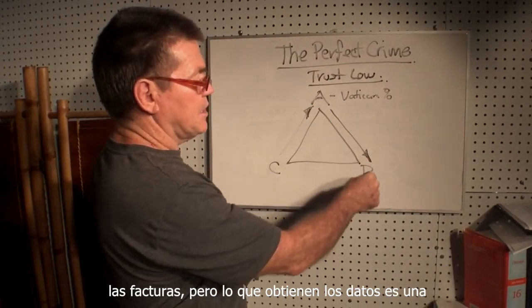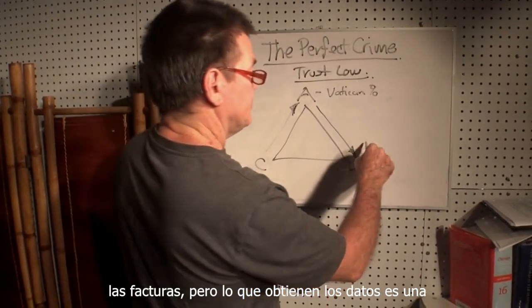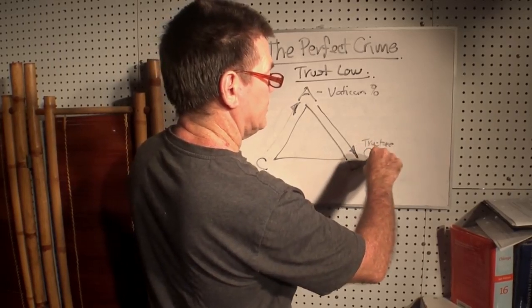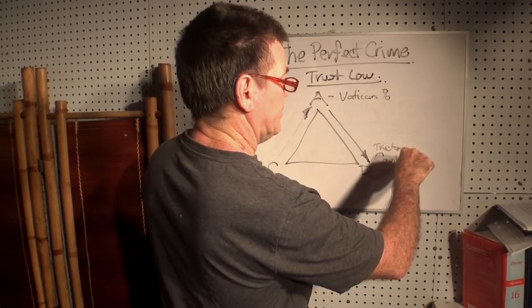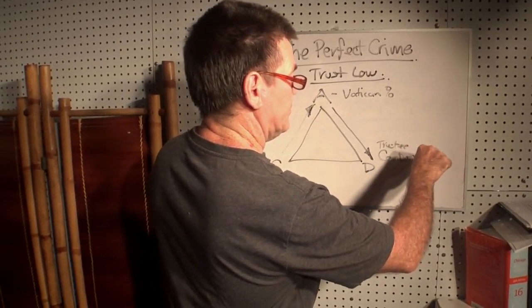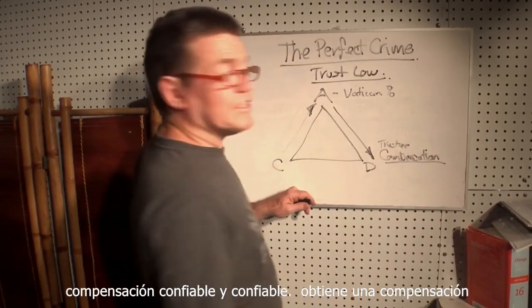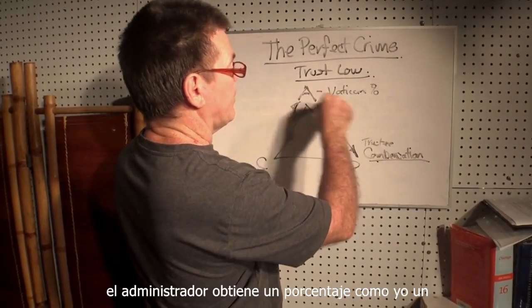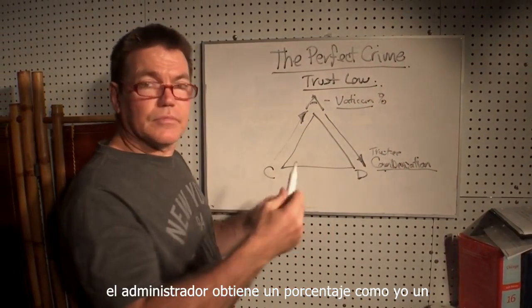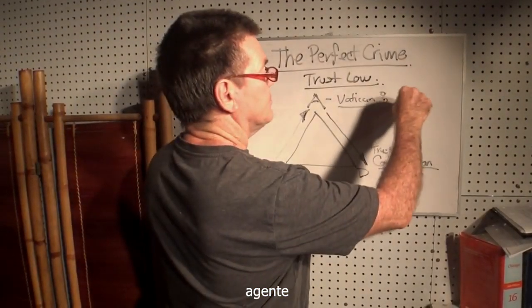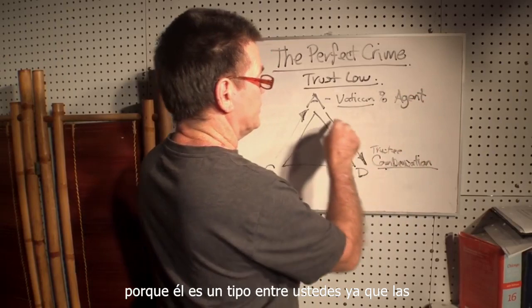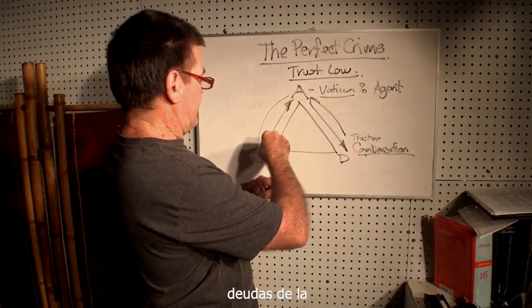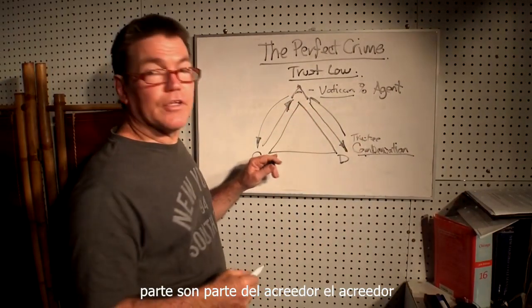The debtor pays the bills, but what the debtor gets is trustee, compensation. So he gets compensation, the administrator gets a percent as an agent, because he's a go-between here, and as the debts are paid back, the debts are paid to the creditor.